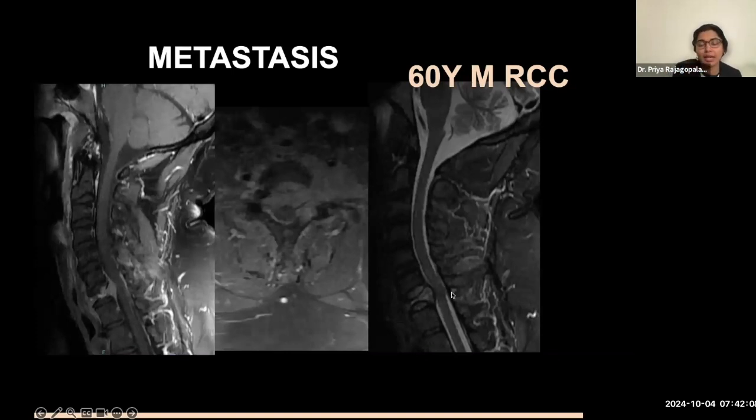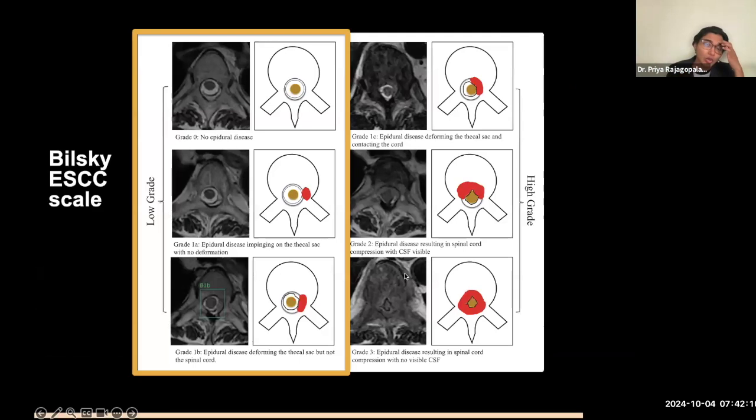Now, this is an example of a renal cell carcinoma. So when you talk about these tumors pushing into the canal and compressing the spinal cord, there's a little grading system called the epidural spinal cord compression scale. Now, why is that important?